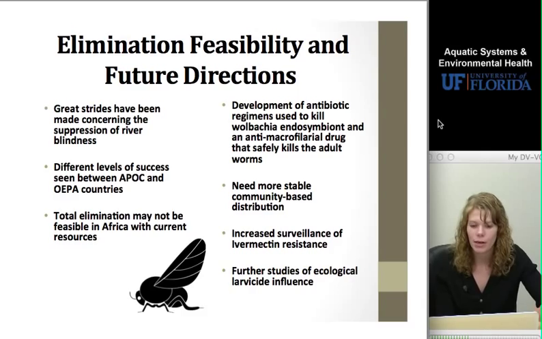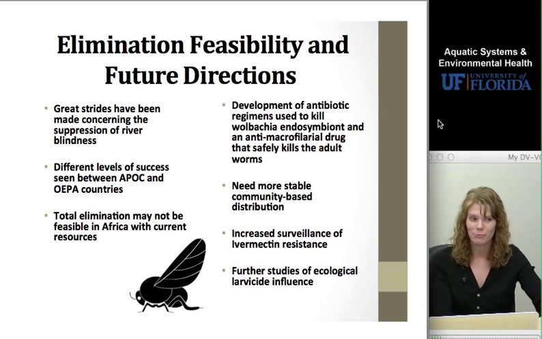So, future directions: development of an antibiotic to treat or kill the Wolbachia bacterial endosymbiont, a drug that kills the macrofilaria worm, which would allow treatment to be shorter, not between 15 and 20 years, which is unsustainable.